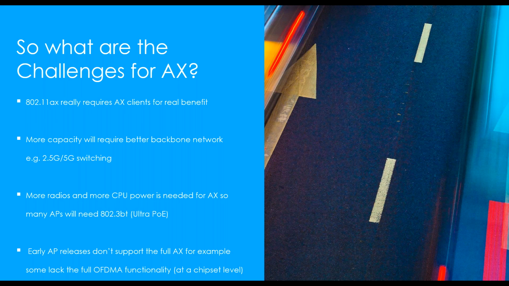This is what I go back to, being able to serve multiple clients at the same time to improve data throughput and reliability. That function is not available on the early ones. So it is key to find out whether or not it does support the OFDMA functionality, especially if you're looking for high density network solutions.